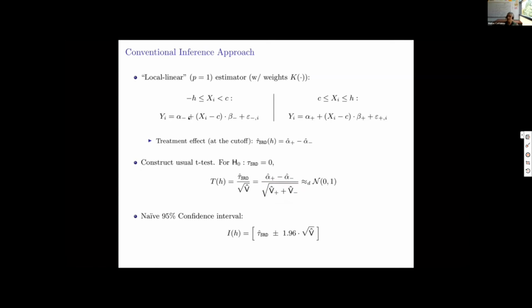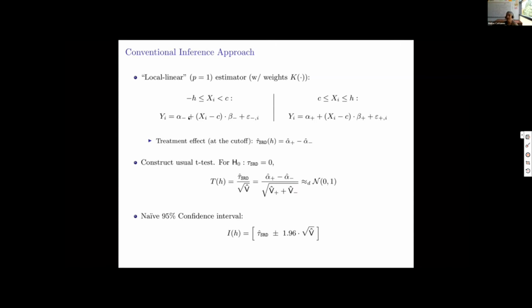And so to the extent that this behaves like, and it does, a two-sample problem, then the variance of a difference is the sum of the variances, and so you can just plug in your preferred Eicker-Huber-White, robust, cluster-robust, or whatever version you like to estimate the variance of the intercept from the left and the variance of the intercept from the right.